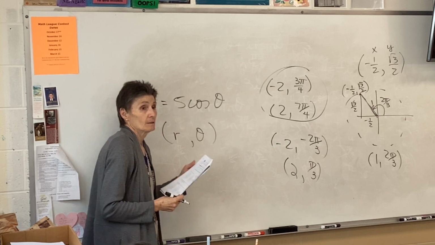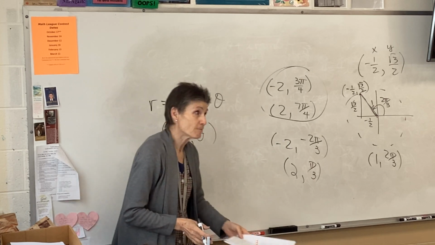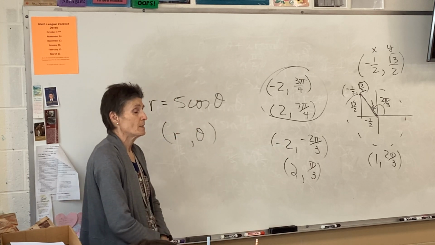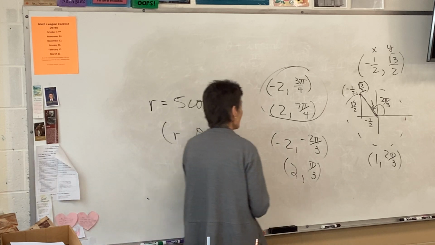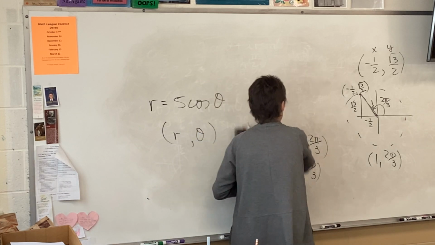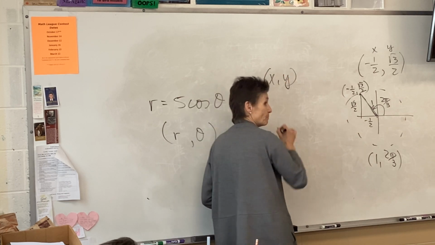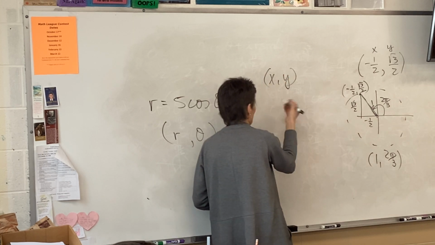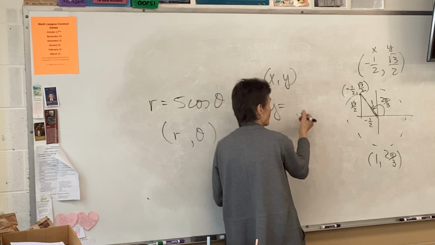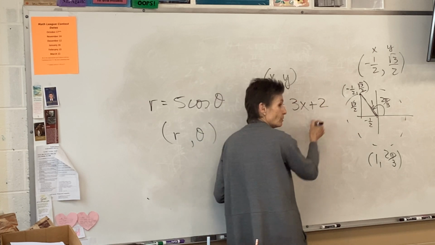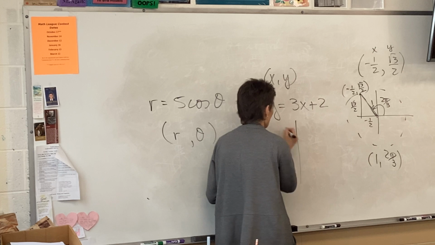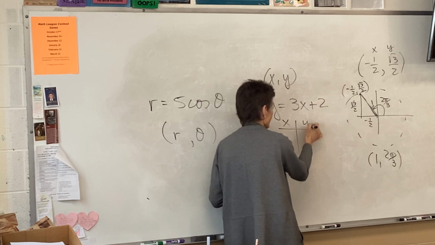Now this is another difference between polar and rectangular. In the rectangular world, your ordered pairs are x comma y, and your equations look like y equals 3x plus 2. And when you set up your t-chart, you have your x's and your y's.